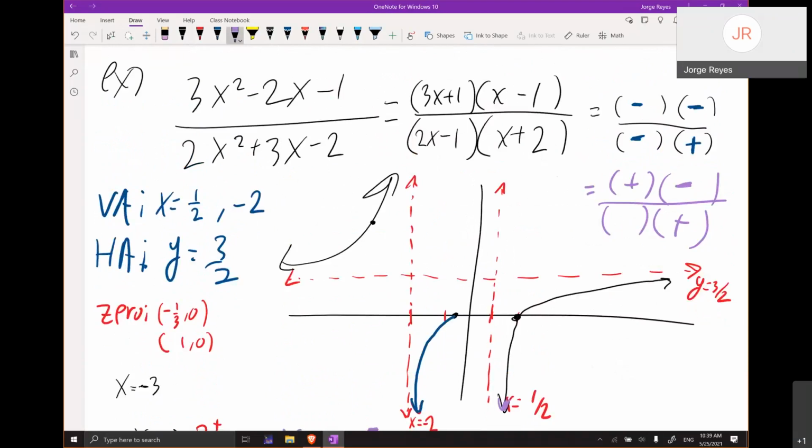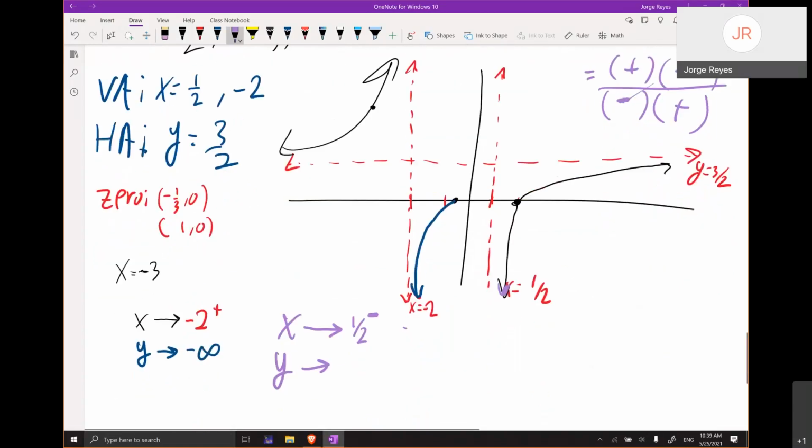If I plug in something smaller than 1/2, like a third, 2/3 minus 1, we know that's negative. So this is negative. So then the negatives cancel and you actually get a positive, which means this blows up to positive infinity.